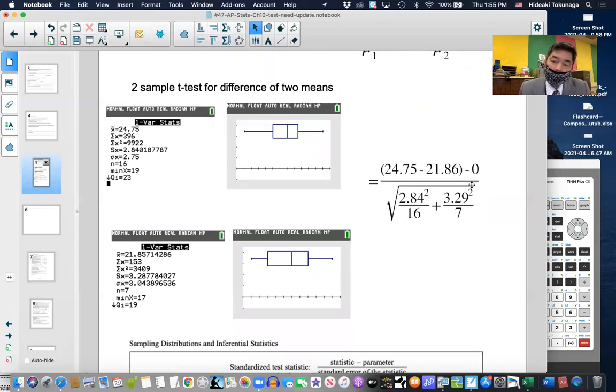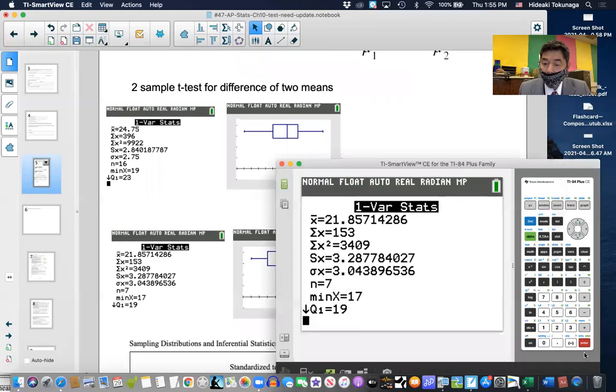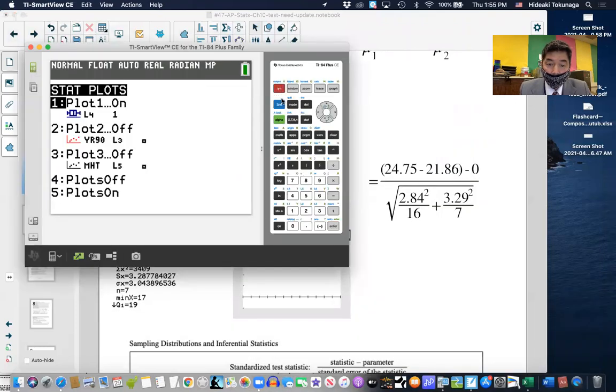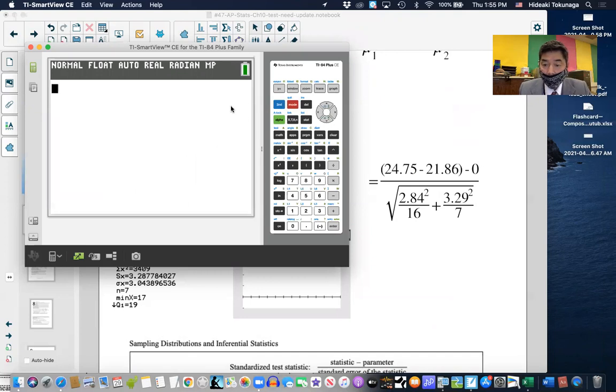So let's get the t statistic here. I will clean up here. The numerator is the difference of the means, 24.75 minus 21.86. This number we might need later. That difference is 2.89, so I keep this one separate.